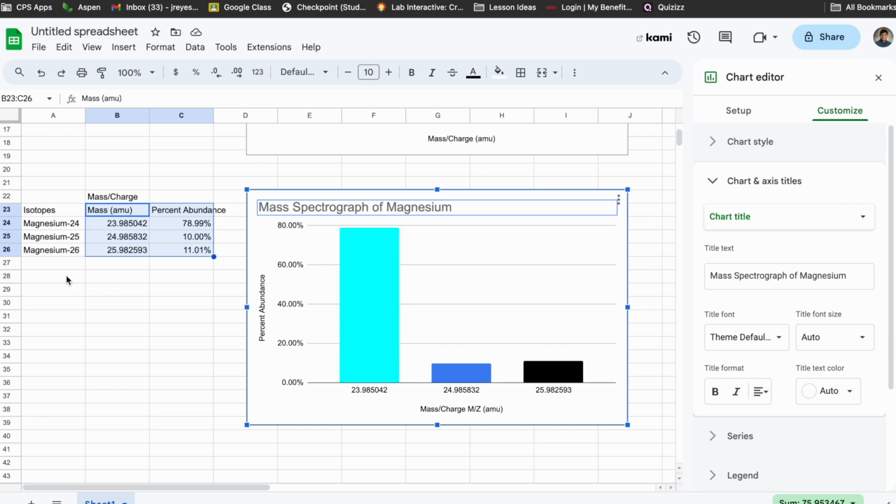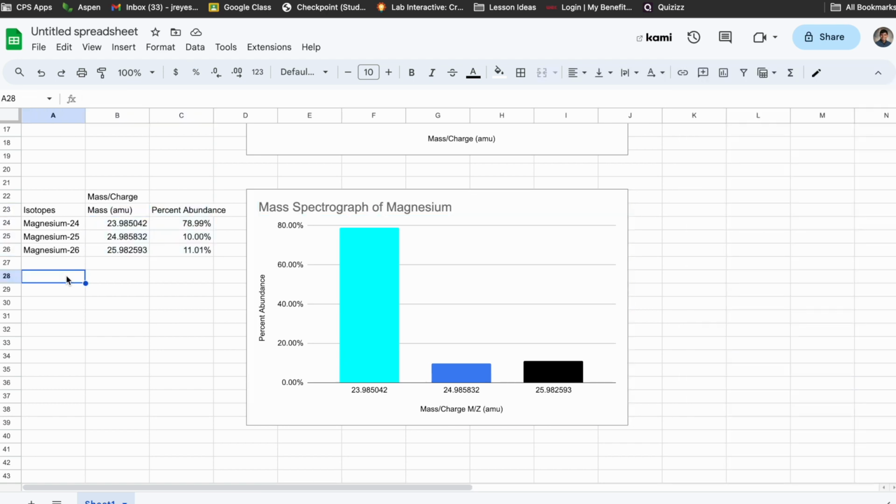And so if we look back to what magnesium is, the average atomic mass of magnesium is going to be 24.30505.